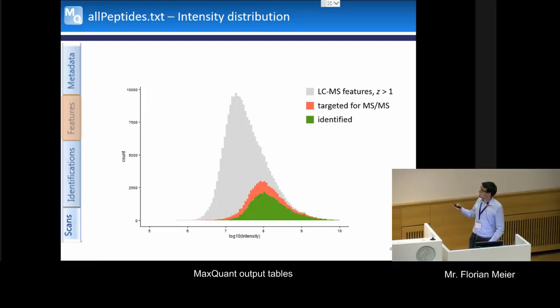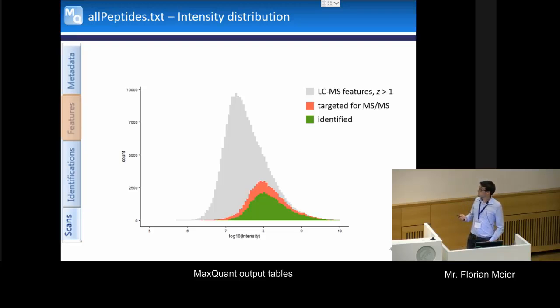And this then tells you a lot about the dynamic range of your experiment, and also a bit about the problems of data-dependent acquisition, meaning that we have this slight bias toward more abundant features because they are easy to identify, so we're actually quite happy to sequence them. And then also for the identification, it's easier to identify those high abundant features, and then for the low abundant features, we lose a bit in our identification rate.